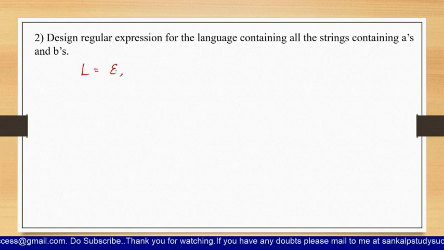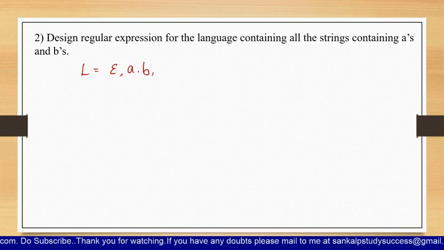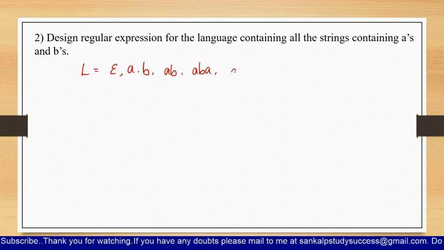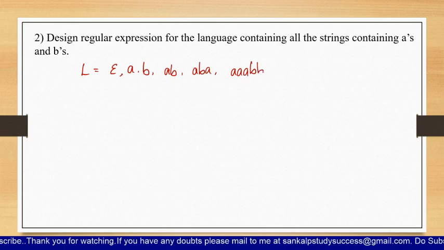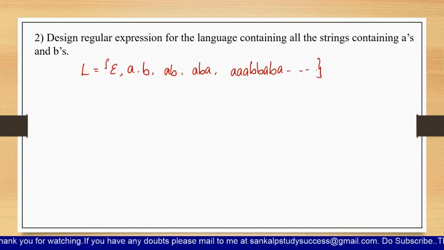You may have A's, you may have B's, you can have nothing, a single A, a single B, a combination ABA, triple A, double B, ABA, and so on. You can have any combination of A's and B's.